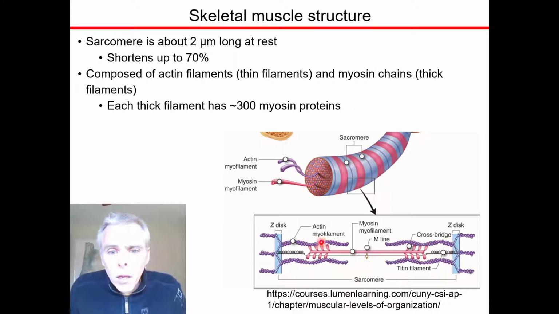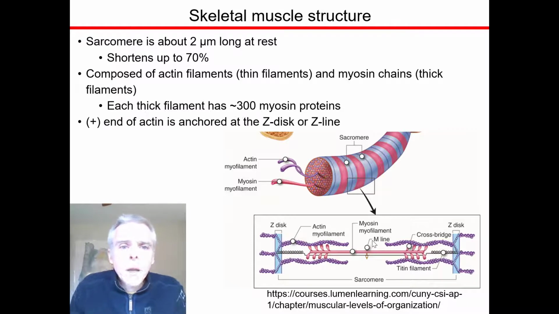So they're going to walk along our actin filaments towards the plus end. So these myosin heads are going to walk in this direction along these microfilaments. They're going to walk in this direction along these microfilaments. And each one of these myosin filaments is composed of hundreds of myosin proteins. The plus end of the actin then is anchored at what we call the Z disc or the Z line.